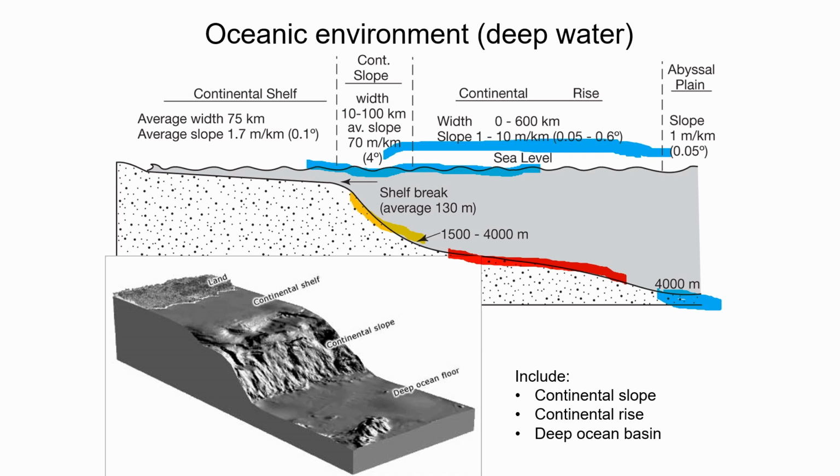There is also a transportation process from the continental slope towards the ocean, because the continental slope has the steepest slope. Therefore, sediments are often transported from the upper continental shelf through the continental slope and deposited on the continental rise.